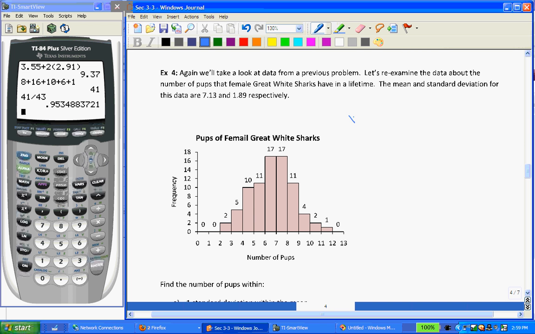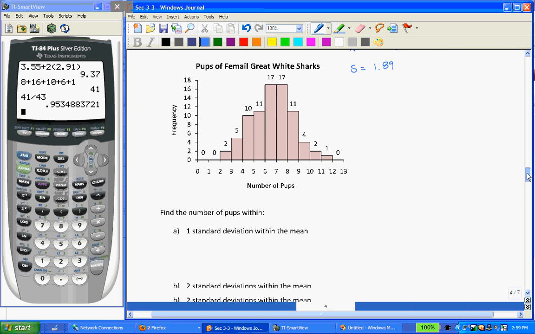So for my notation, I'm going to use X bar since this is a sample and these are my statistics. So X bar is 7.13 and the standard deviation denoted by S is 1.89. So they gave us that information. So first we're going to find the number of pups within 1 standard deviation of the mean.